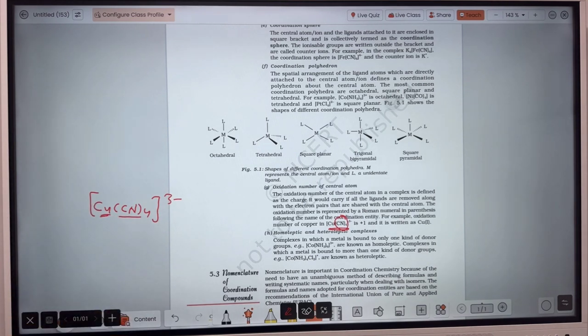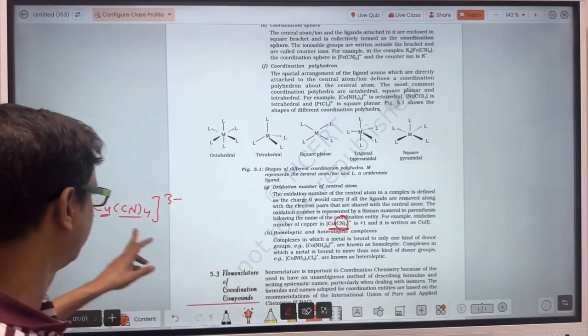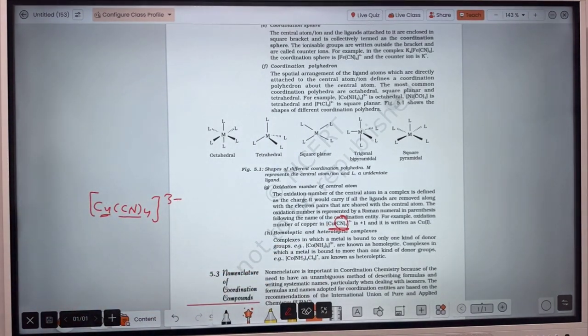When you remove all 4 CN minus, then 4 units of positive charge will appear on the copper due to the removal of the CN minus. So 4 units of positive charge, and there is already a minus 3 charge. If you remove the CN minus from the central atom copper, then the total charge will be plus 1. So the oxidation number of copper here will be plus 1.